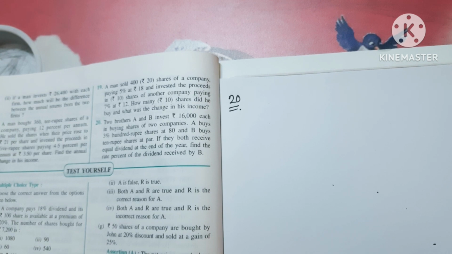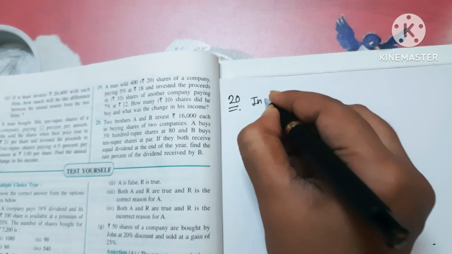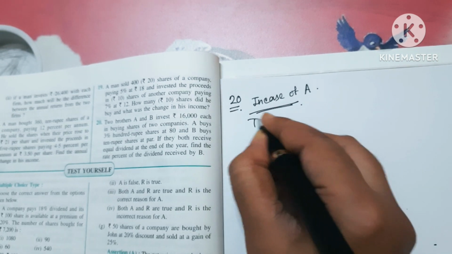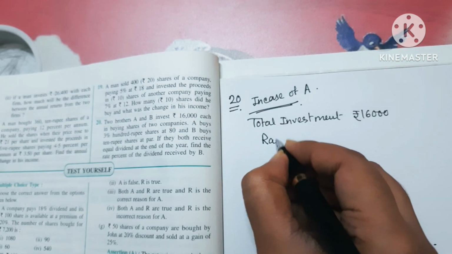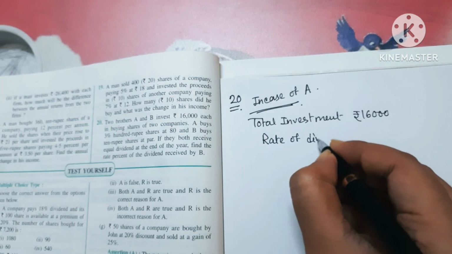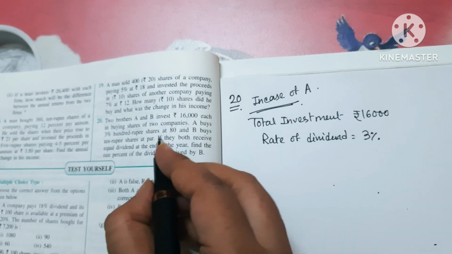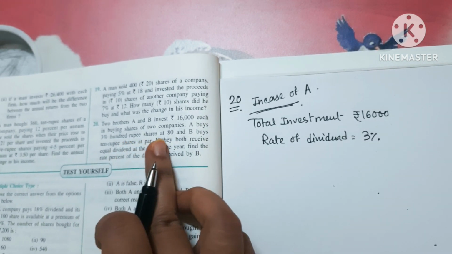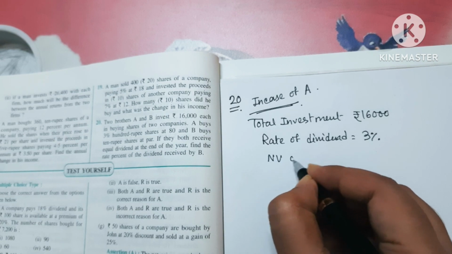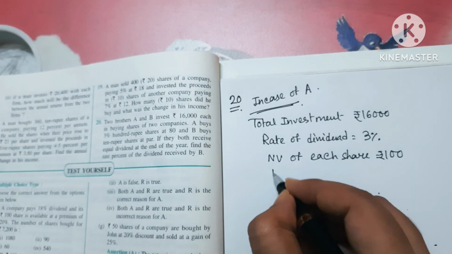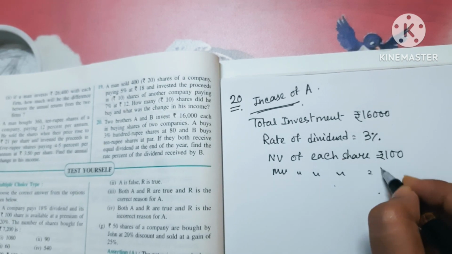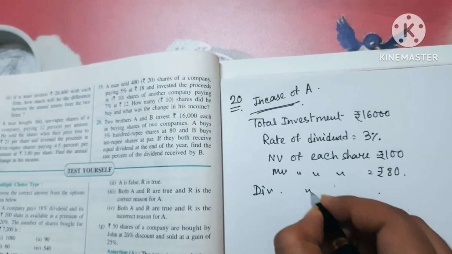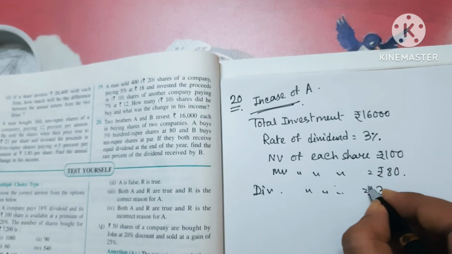Okay, now see the last question. Two brothers A and B invested. In case of A, total investment, rate of dividend at rupees 80, 100 rupees shares at 80, that means nominal value of each share, market value of each share. So dividend of each share, that is rupees 3.